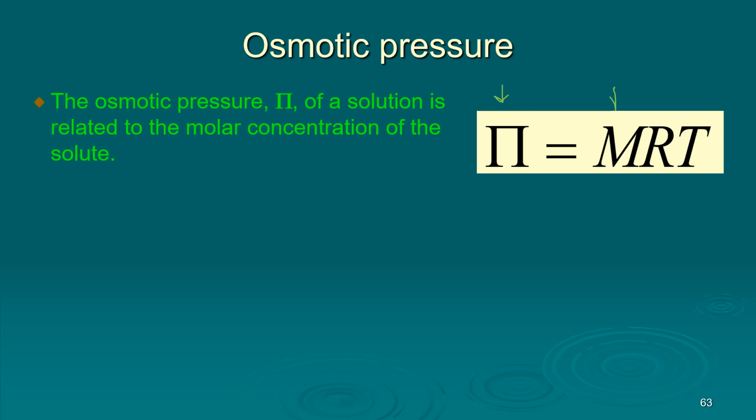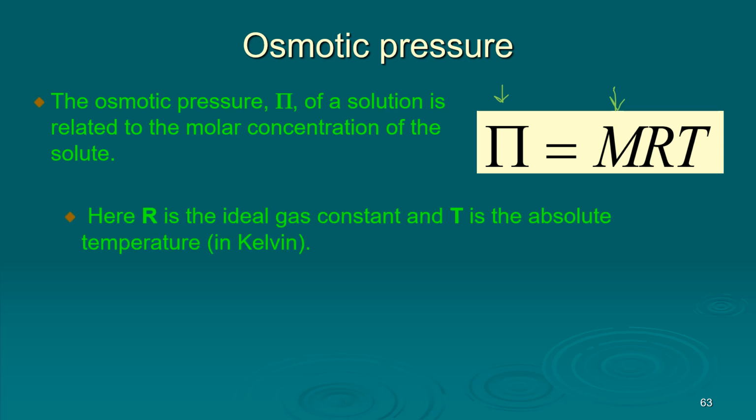Now M, remember, is molarity. Because you're not heating it up, the concentration can be in molarity. So M is the molarity, R is the ideal gas constant that we've used before, 0.0821 liter atmosphere per mole Kelvin. And T has to be in Kelvin so that it will cancel.